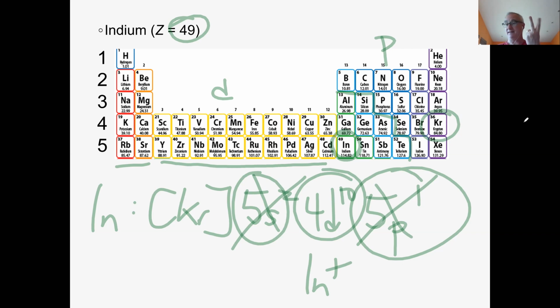So it has that magic 8. But in this instance, indium would have a 4d subshell. So it doesn't look exactly like krypton, but it looks a lot like krypton, with the first 4 shells filled to completion. So that's quite stable. And so when it loses both 5s2 and 5p1, what's the charge on it?